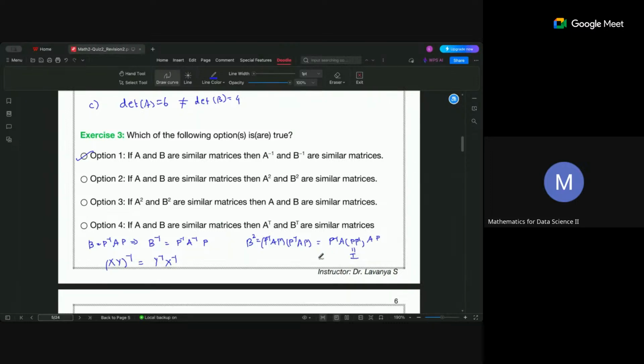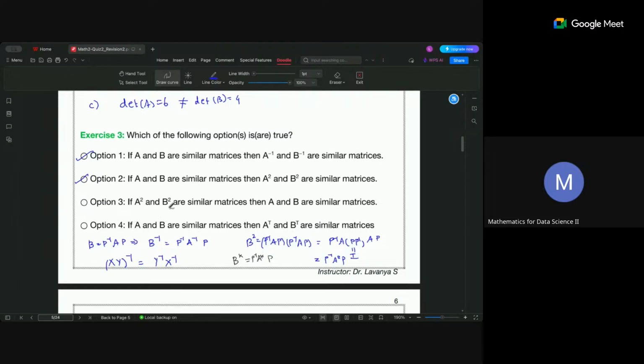So you will simply get P inverse A square P. So in fact, B power K is equal to P inverse A power K P for any K. You can keep on multiplying and find it. For any K, it is true. So this option is correct.